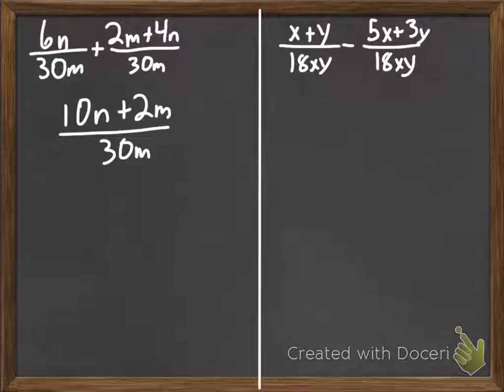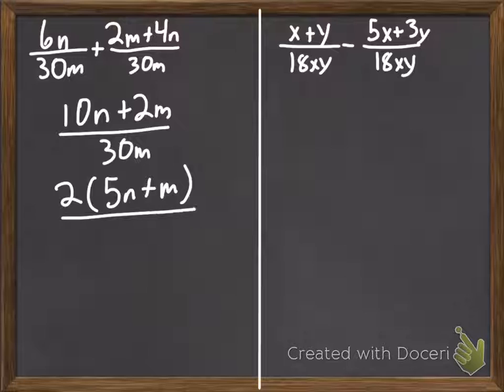30m. Okay, so it looks like we can try to factor the top. We can't do anything with the variables, an n and an m are different, but that 10 and that 2 we can factor out a 2. So we factor out a 2 and we get 5n plus m over 30m. Now, we cannot simplify these m's. We could only simplify if there was an m in all 3 here.